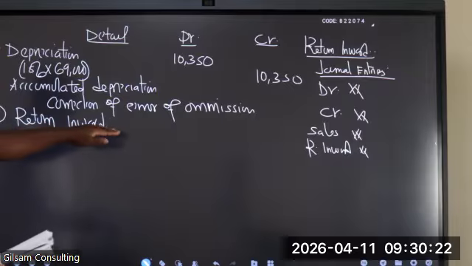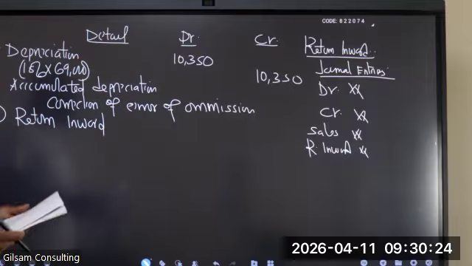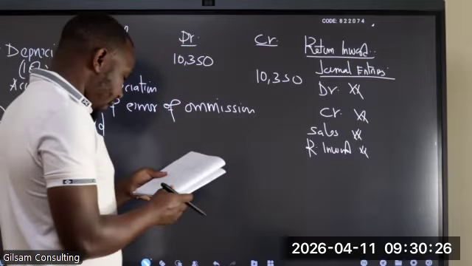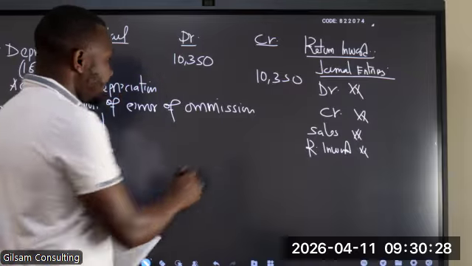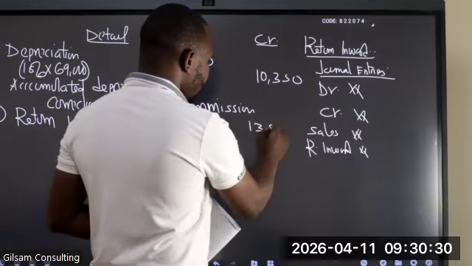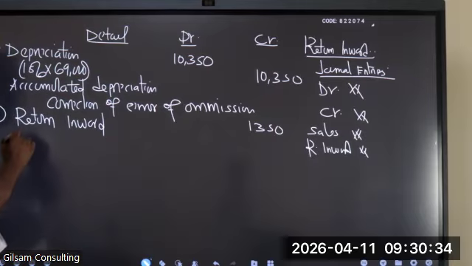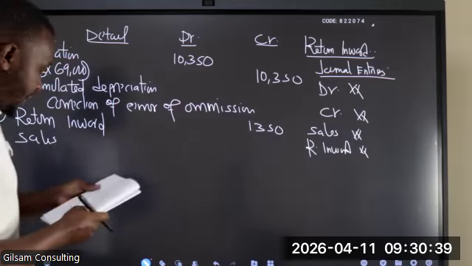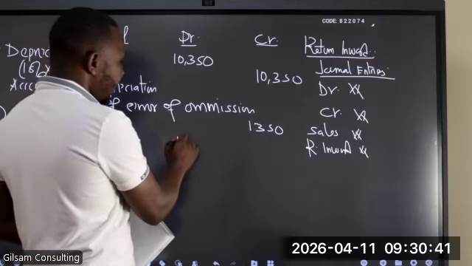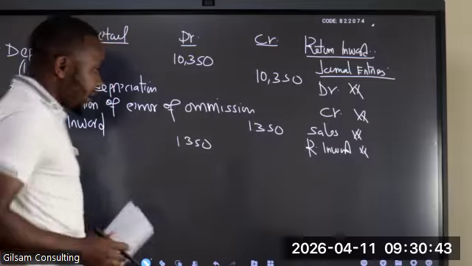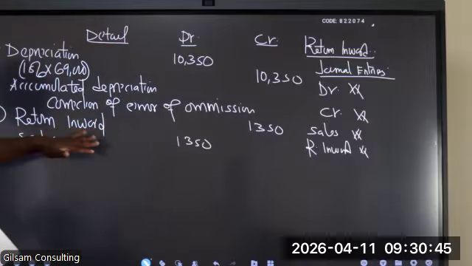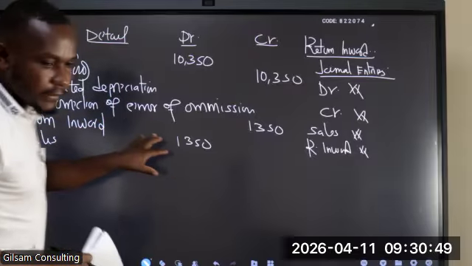So return inward, we have to credit, which is on the credit side. That is 1,350. That is the correct entry. And then you should debit the sales account. So this is the correct entry for the return inward.